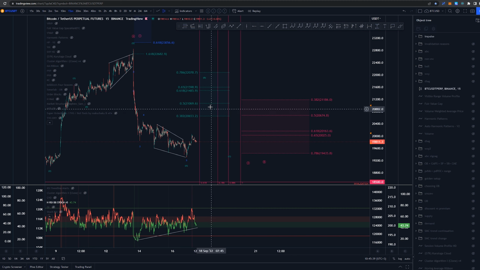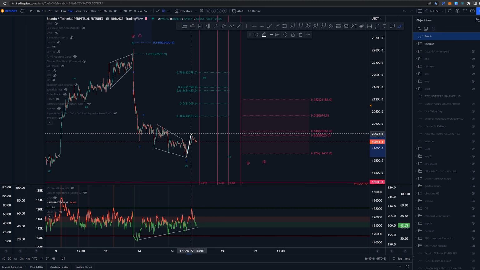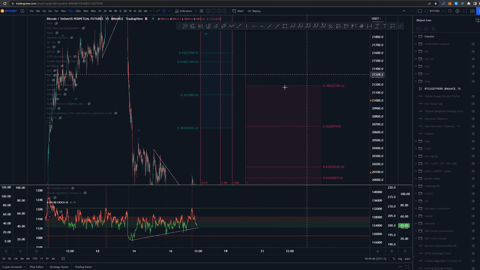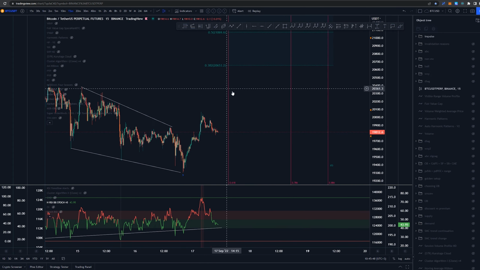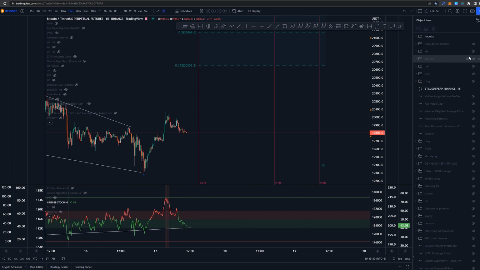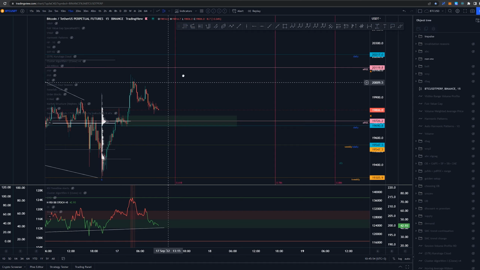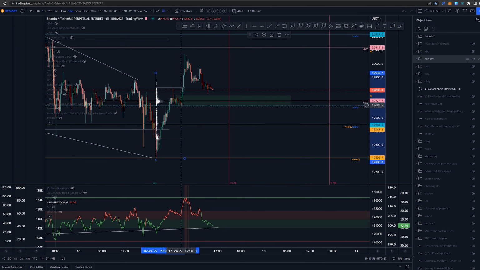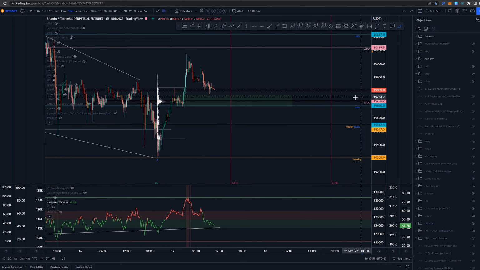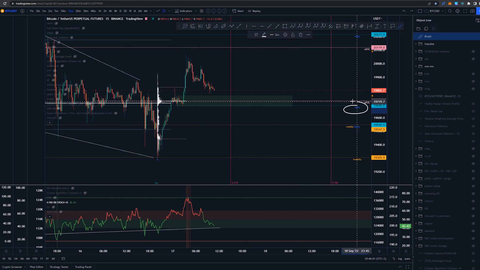So to me, I would be still looking for some kind of structure like this, but I'm not quite sure if we have a good looking setup here anymore. The only area I would be looking for possible longs here would be this order block that we have. Also, we have the point of control there, a naked point of control, a daily right below it.